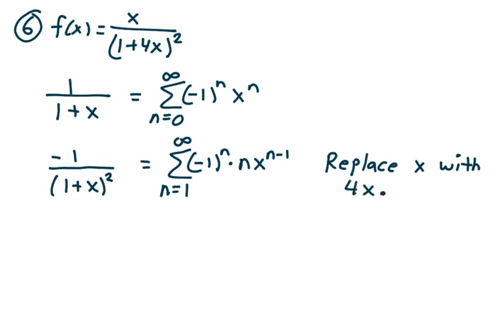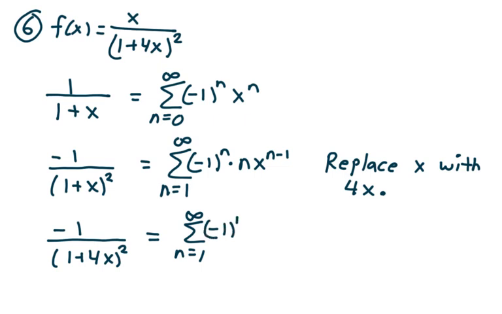4x. And so I get negative 1 over 1 plus 4x to the second is the summation from n equals 1 to infinity of negative 1 to the n times 4x to the n minus 1. Now, before we go much further than this, I would use the law of exponents to split that off, right?